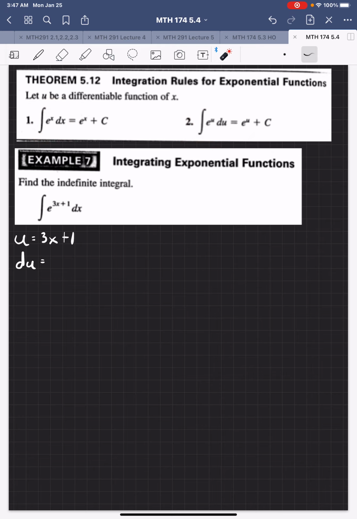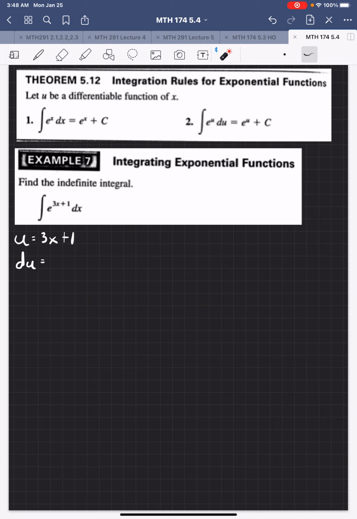So let's start with, I won't do any proofs here, but it's fairly easy to say that if the derivative of e to the x is e to the x, then if you integrate e to the x, you also get e to the x plus c, right? Always plus c, that constant of integration. And if you integrate e to the u, then what you'll end up with is e to the u plus c.